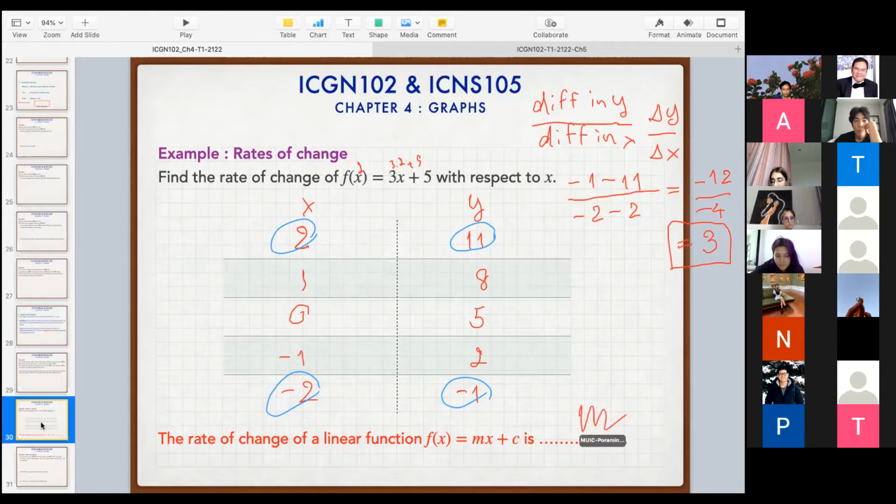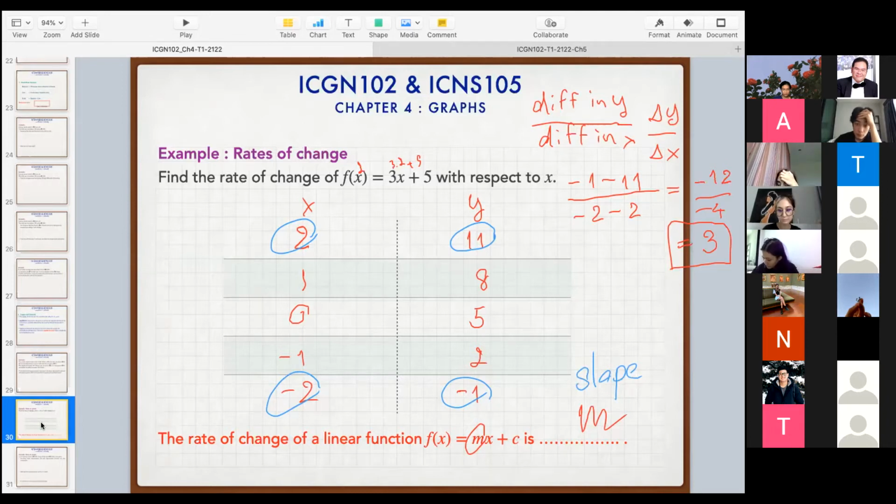Tara, right, okay, that's great. When we said that the change of linear function f(x) is m, what is m? Do you remember, you just finished the quiz, what is it? Slope, that's right.